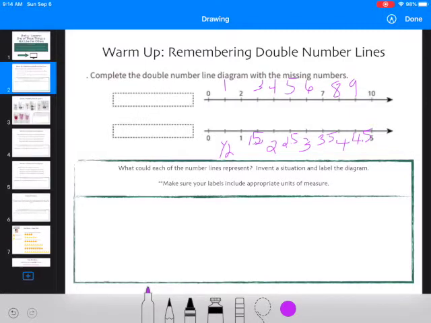So they want you to come up with labels and invent a situation that this could be. So I could talk about tickets at the amusement park. If I'm thinking about tickets at the amusement park, I can say one ticket costs 50 cents.